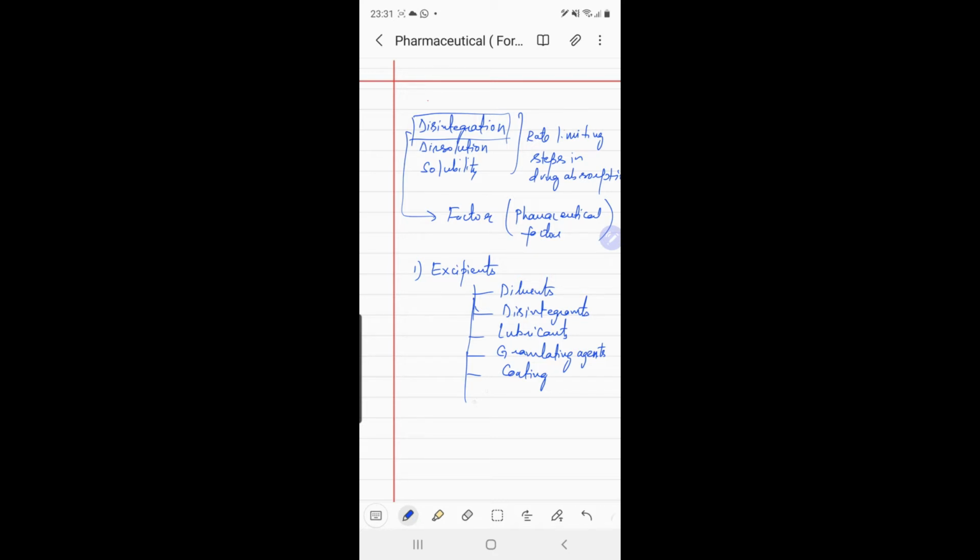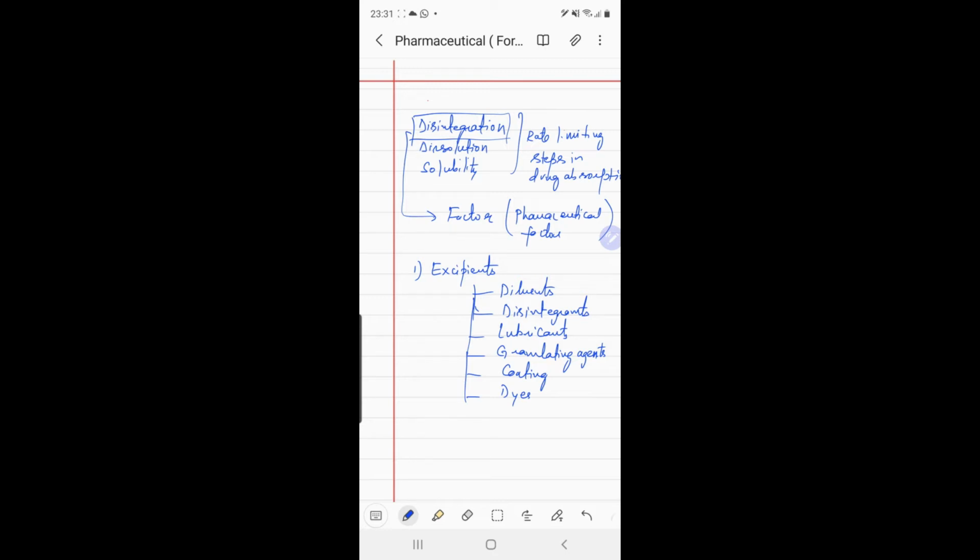So these all may have effect on the drug dissolution and drug solubility. So these can affect the drug absorption. These factors all can be considered under the formulation related factors.